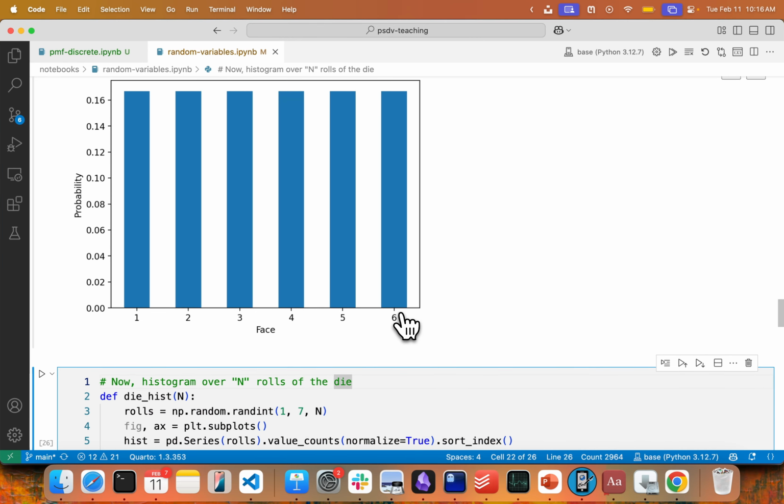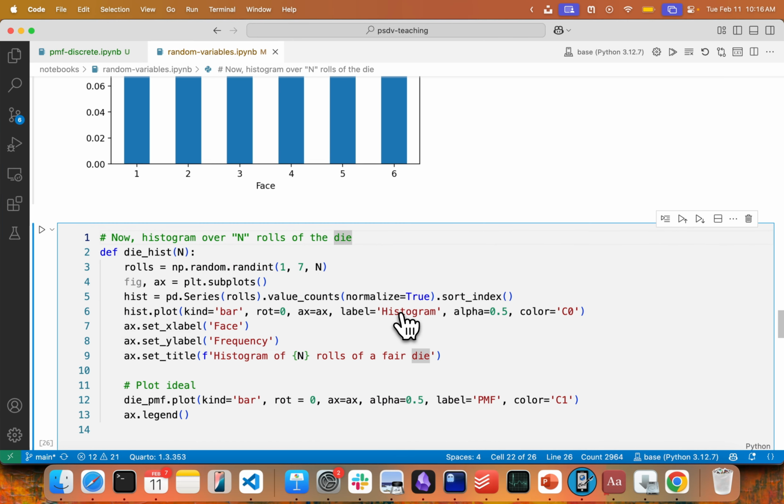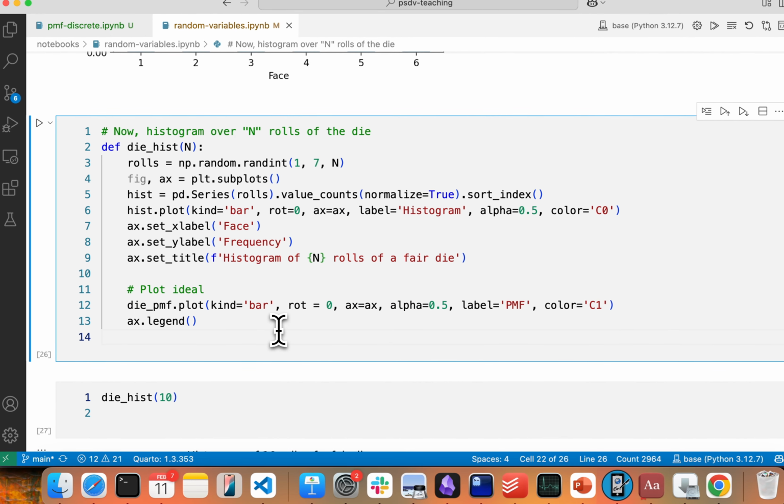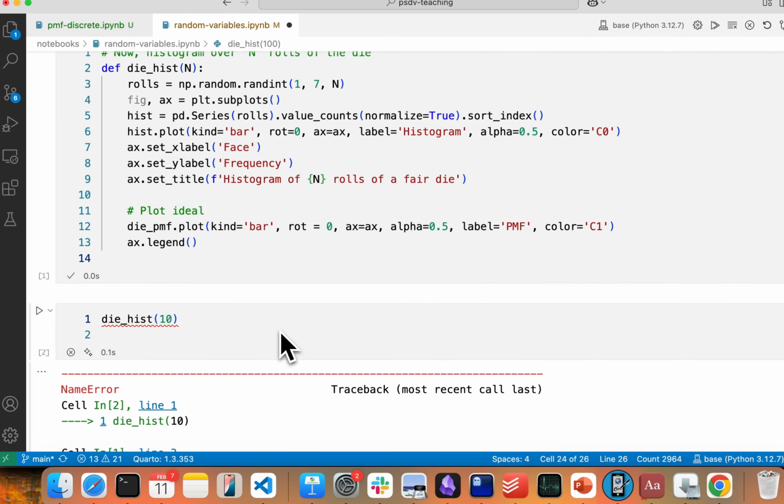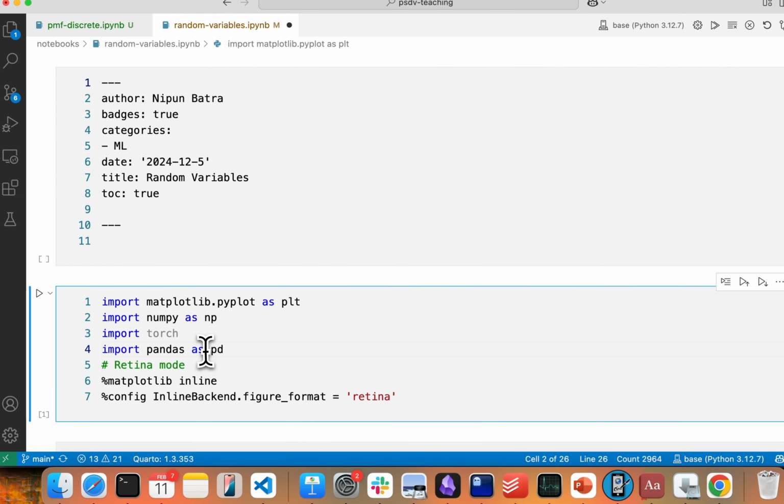Now if we were to do an experiment, here I'm going to randomly pick an integer between 1 through 7, and I'm just doing the value counts and normalizing to make the sum up to 1, and after that I'm plotting it. So I need to run this again.